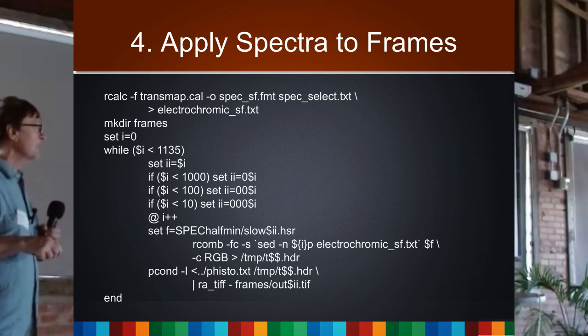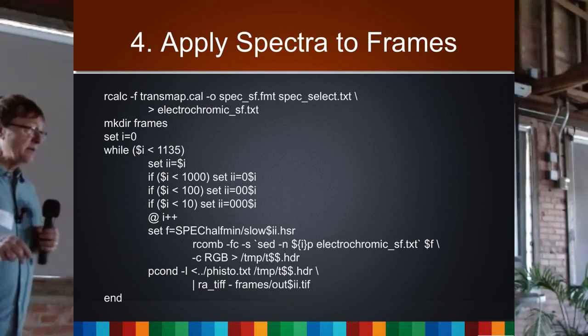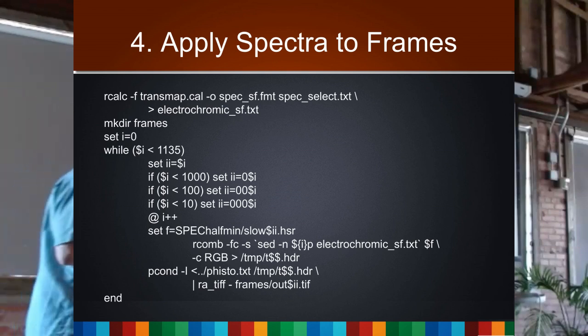I'm not going to explain this because I don't even remember what I did exactly, but it's essentially taking the transmittance data and applying it to get the final frames. And this is all done in RGB after some point it's converted to RGB. So after doing the spectral multiplication, I convert the result to an RGB image because I'm just doing an animation of it anyway. So that's why I chose that.